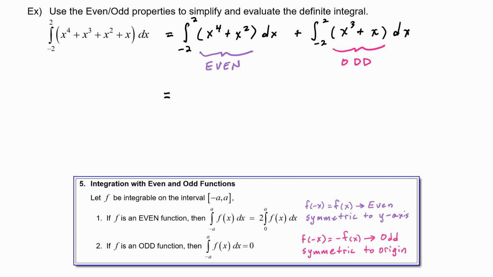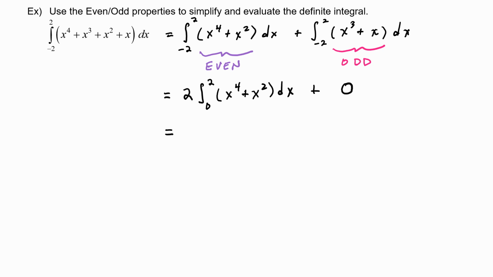So that means to do this first integral, instead of integrating from -2 to 2, we can do 2 times the integral from 0 to 2 of x to the fourth plus x squared dx, plus, because this is an odd function on a symmetric interval, this integral is going to be 0. So we just got rid of a whole bunch of work.